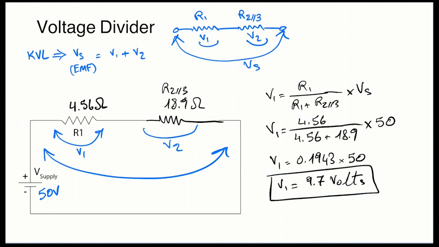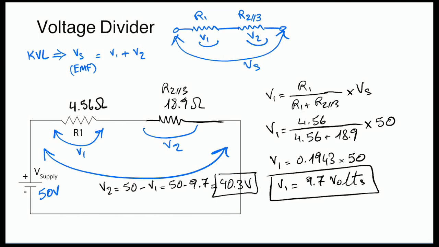And obviously, we know that V2 equals 50 minus V1, according to Kirchhoff's law, which is 50 minus 9.7, and that is going to be equal to 40.3 volts. That's your V2. So we have now V1 and V2 calculated.